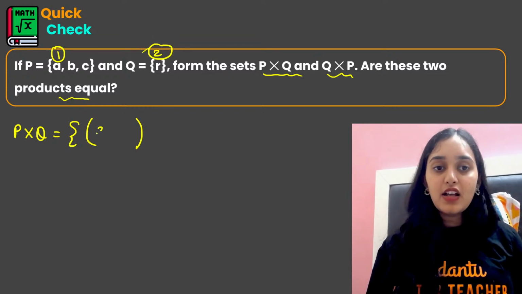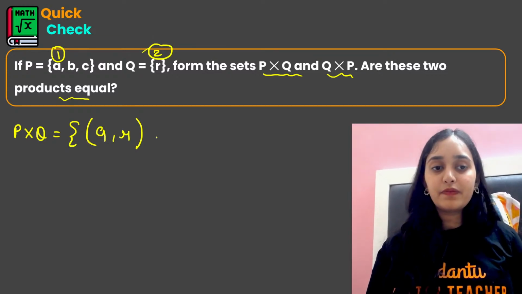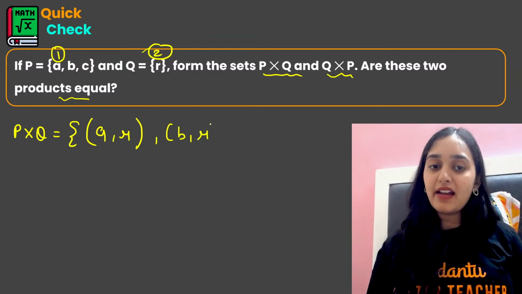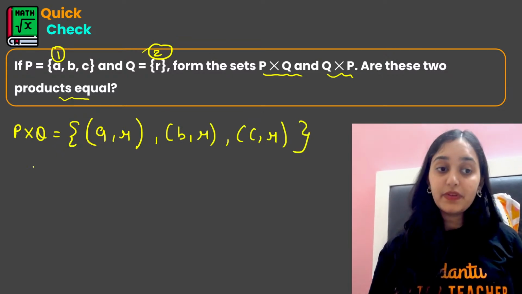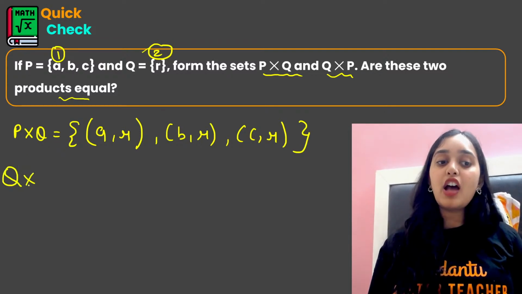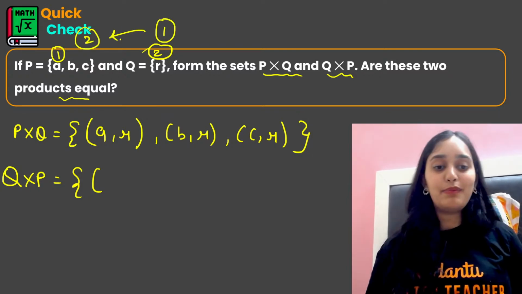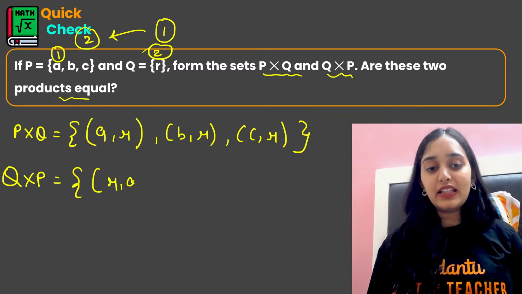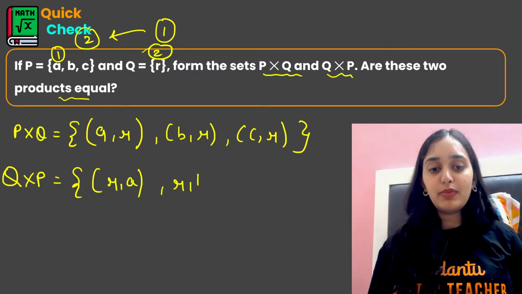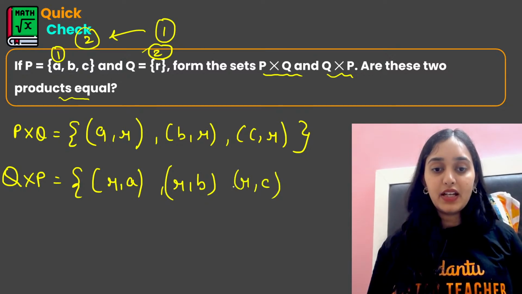So, A with R, then B with R, then C with R, correct? And Q cross P will be first element from Q, then P. So, it will be R with A, R with B and R with C, right?